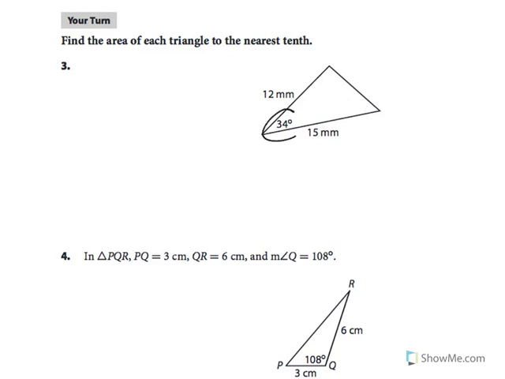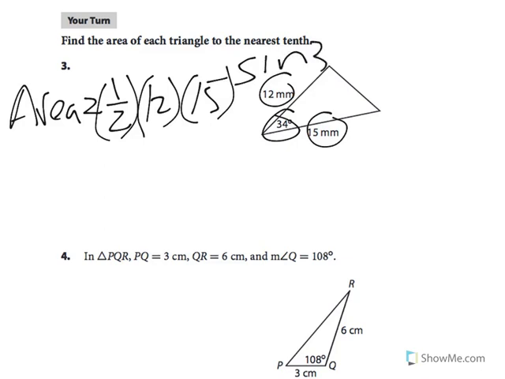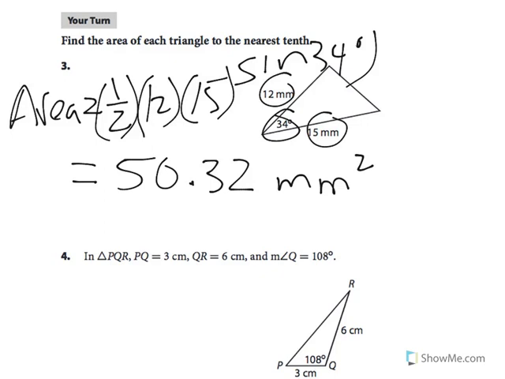Okay, so let's go back to these. The angle is in between the two sides, so we can say that the area is equal to 1/2 times 12 times 15 times sine of 34 degrees. This gives us 50.32 millimeters squared.